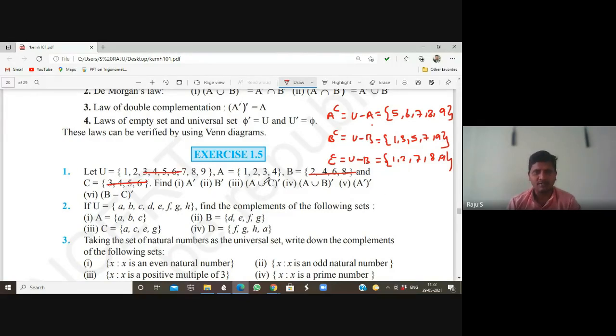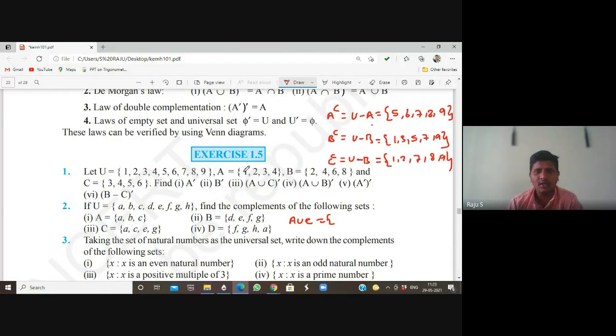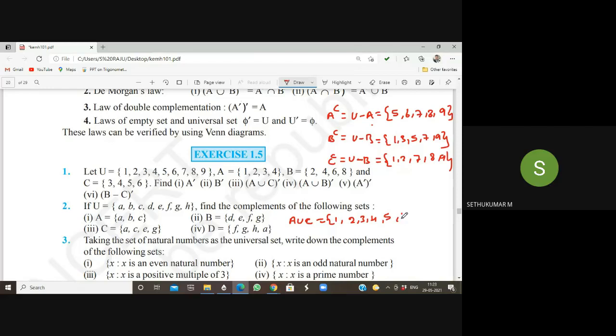Correct. Now, next. How can you find A union C whole complement? First, you should find A union C. Can anyone tell me A union C? A union C means the elements which belong to A or C: 1, 2, 3, 4, then from C, 5, 6.